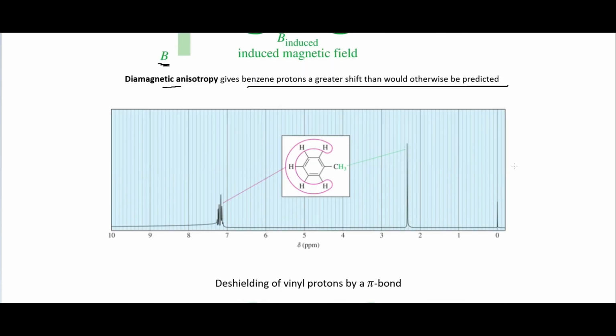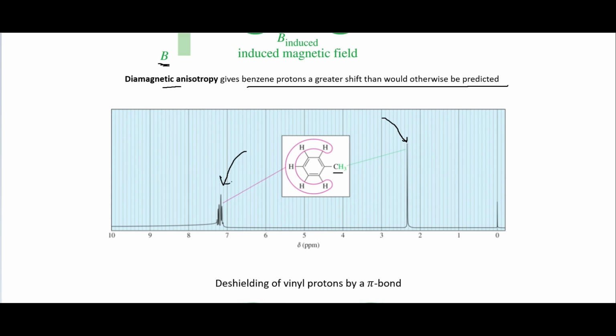We can look at this right here, which is a toluene. This is all hydrocarbons, so we don't have any oxygens or nitrogens on here to de-shield things, but this methyl group shows up way over to the right, where the hydrogens from the ring, which are gaining that effect, are showing up way over to the left here.